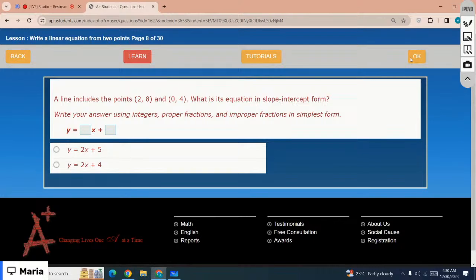A line includes the points (2, 8) and (0, 4). What is its equation in slope intercept form?